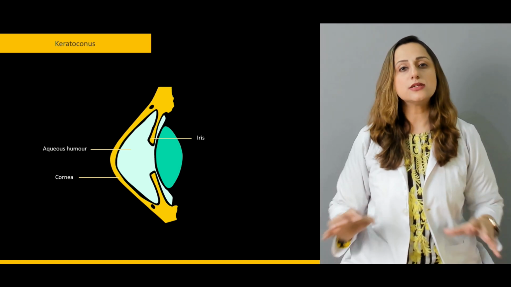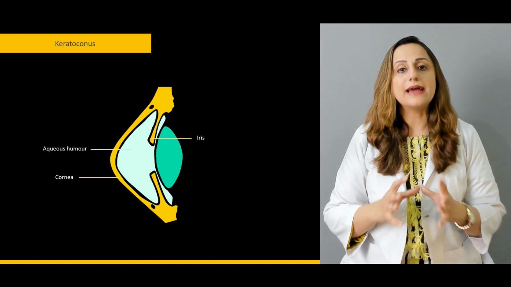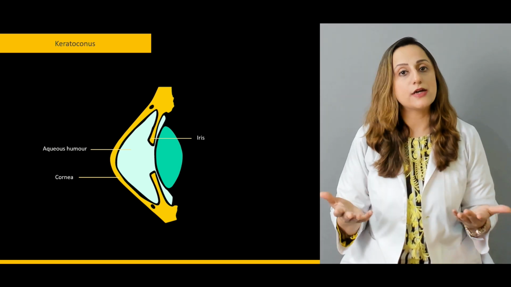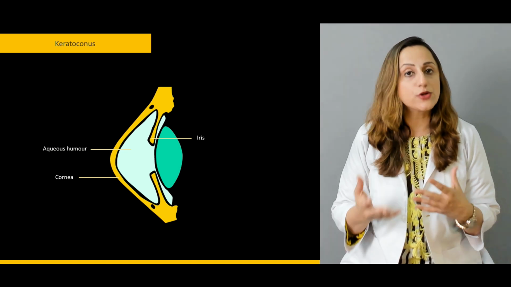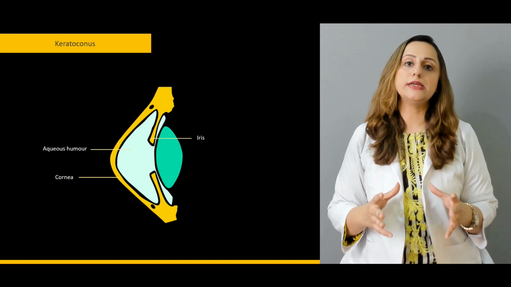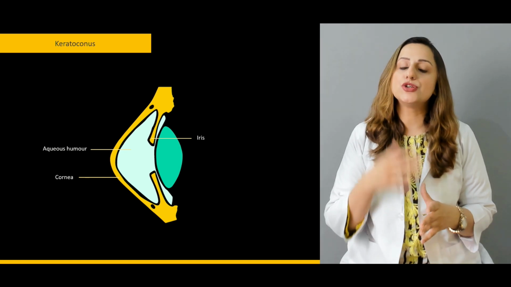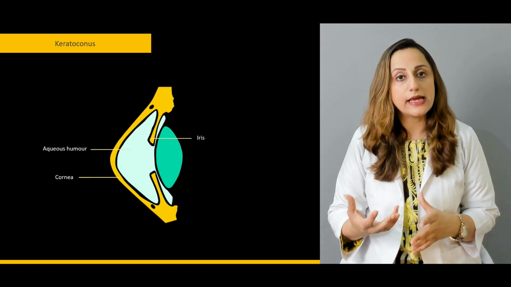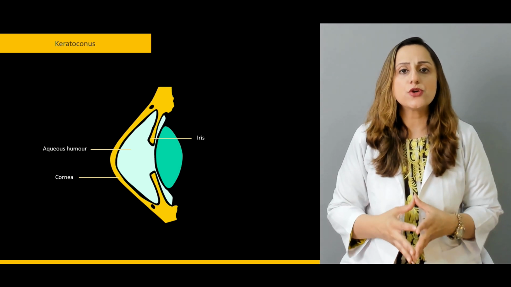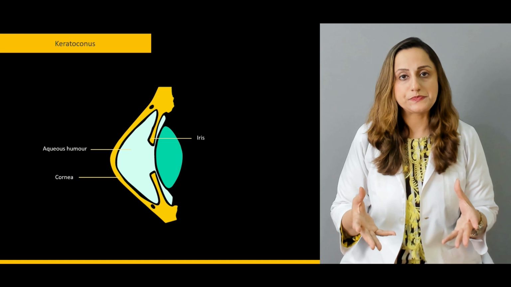So again, it is not just a typical isolated picture that a person is suffering from keratoconus or keratoglobus. Usually, you would observe that these children develop this kind of condition, and usually they are suffering from some sort of systemic illness as well.